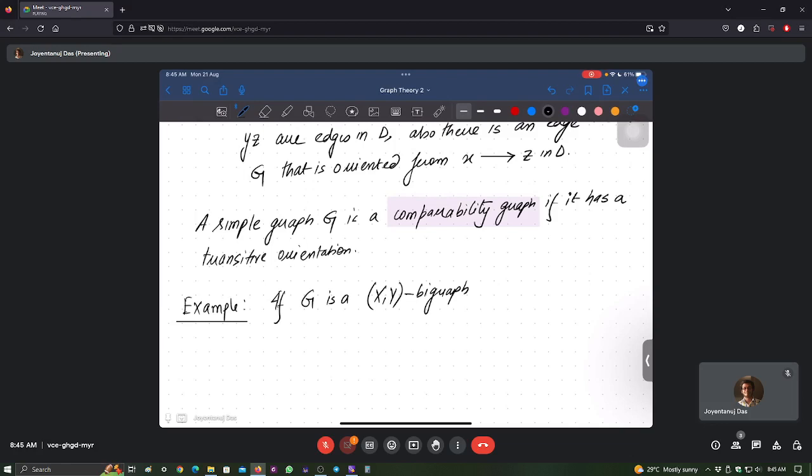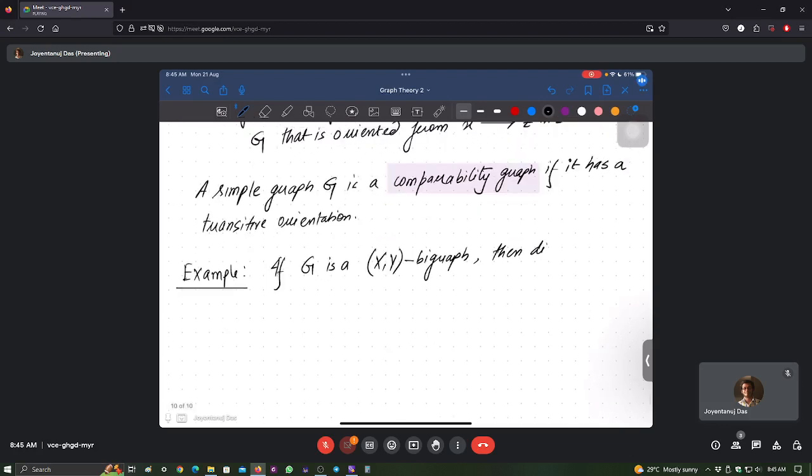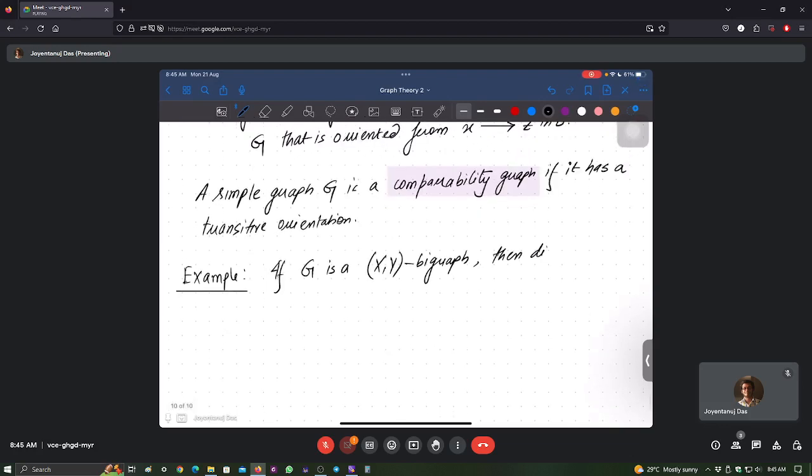A bigraph is a bipartite graph with this partition. So directing every edge from X to Y yields a transitive orientation.